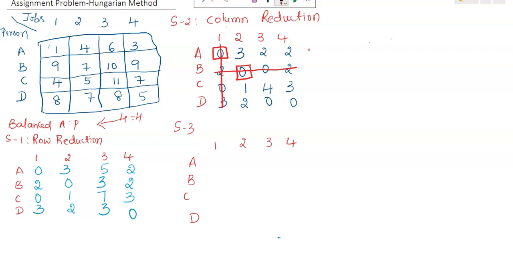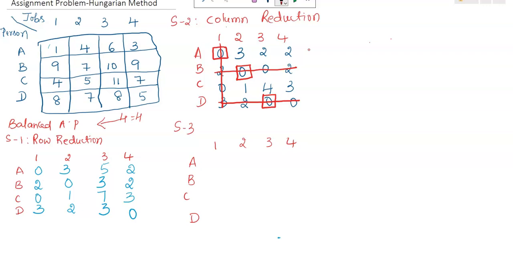Observe the third column, we have one 0. When you find one 0 in column scanning, you have to keep it in a box and strike out horizontally.